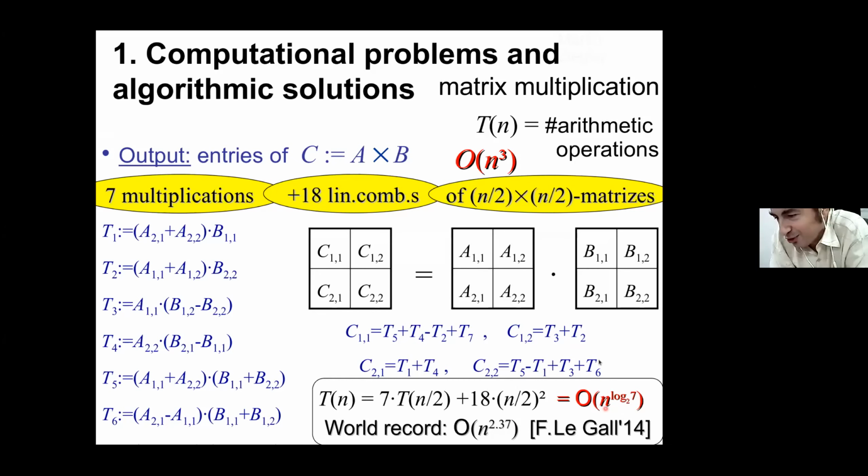So, for example, one does not know whether you can make it in n to the power 2 plus epsilon for every epsilon bigger than 0. If you find such a thing, you will get very famous. Right? But this is not known. So the current world record is 2.37 for the exponent.